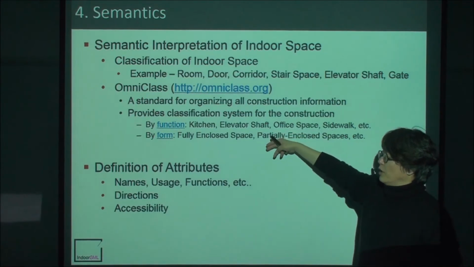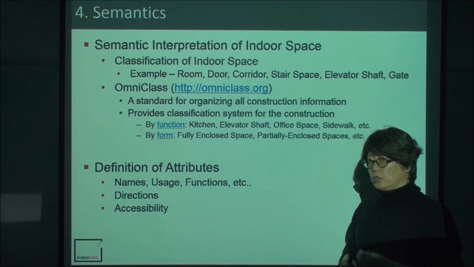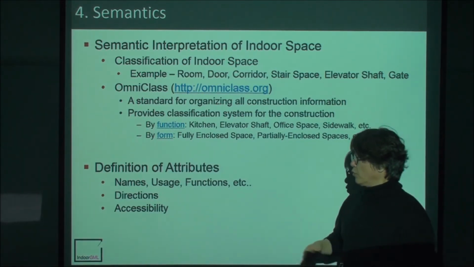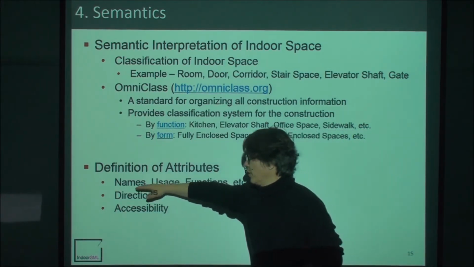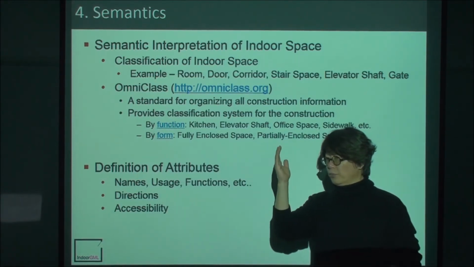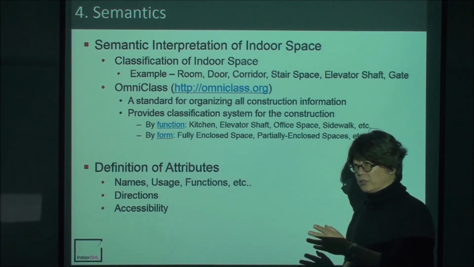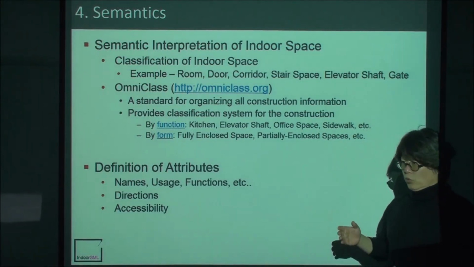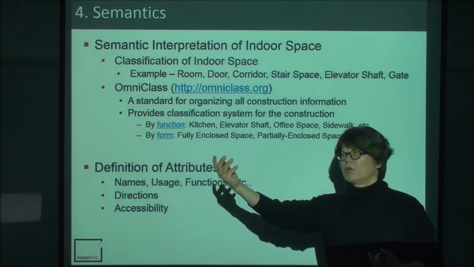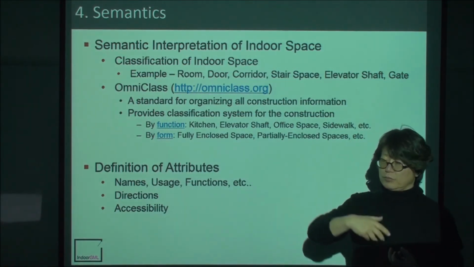And in addition to the classification, we also define some attributes to each cell and the cell boundary. For example, we can define the name of cell, the usage of cell, function, and so on. And for example, for the boundary, if it is a door, we may define the direction. So there is some door where we can enter from one direction, but it is not allowed to go back from the other direction.